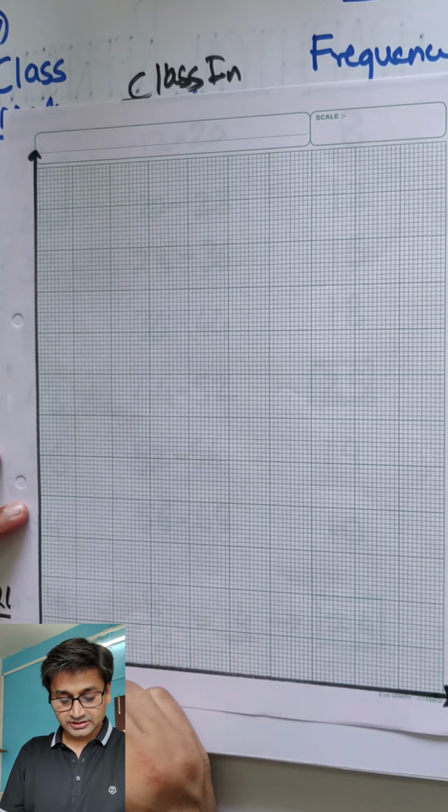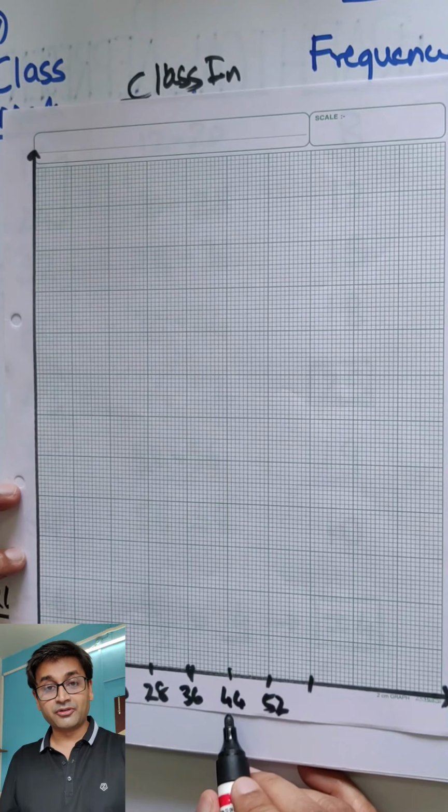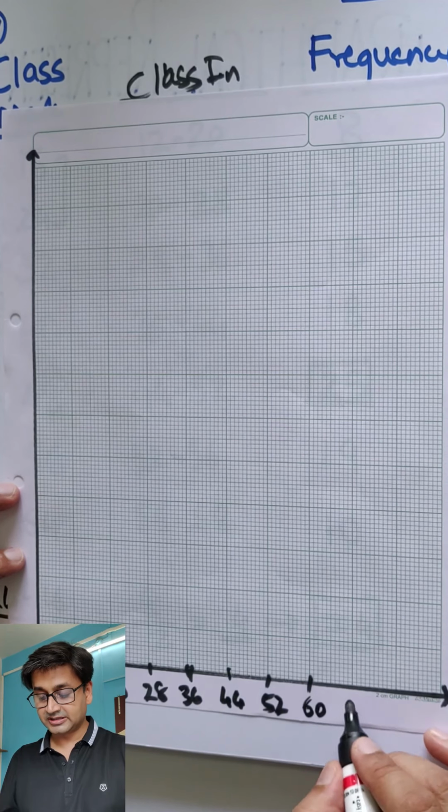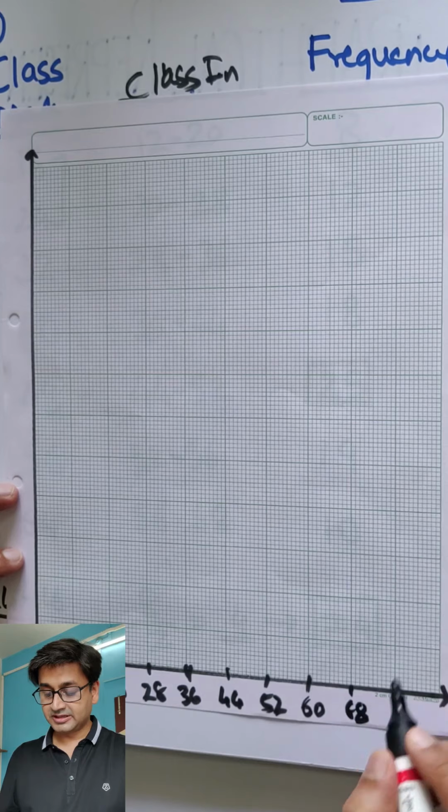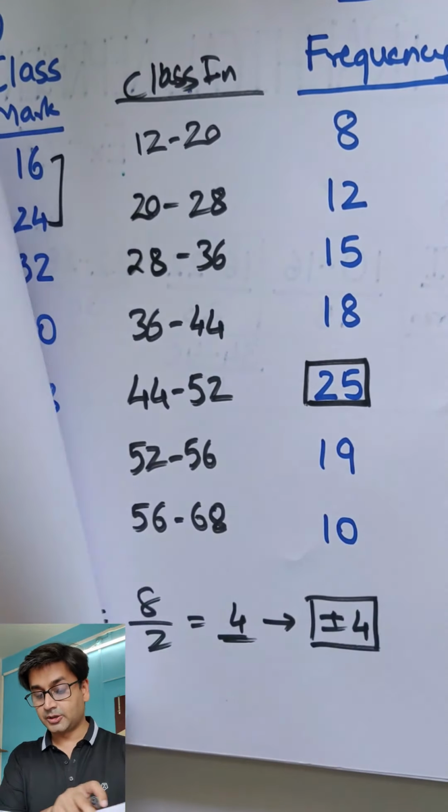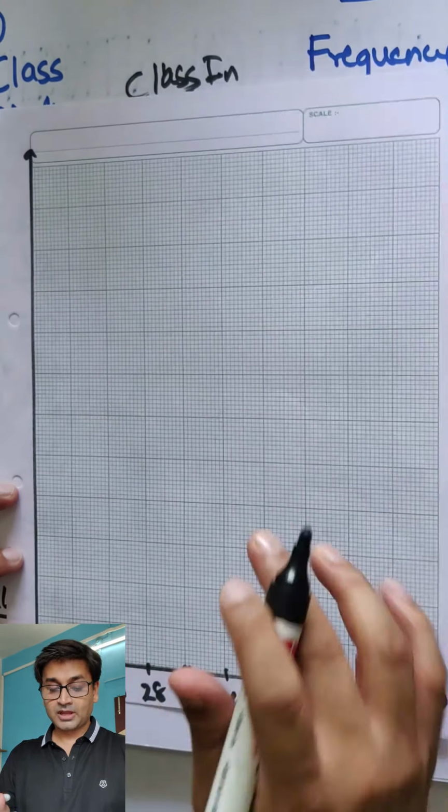Then 28 onwards, what was it? 36, 44, 52. See, there is a gap of 8. So 52 plus 8 would be 60 and 60 plus 8 would be 68. I think the last one was 68 only. Yeah, it is.